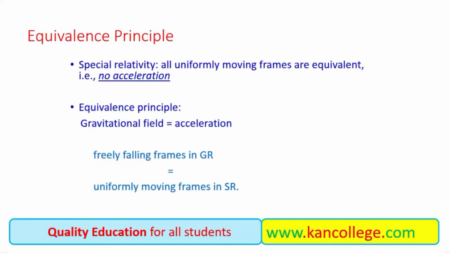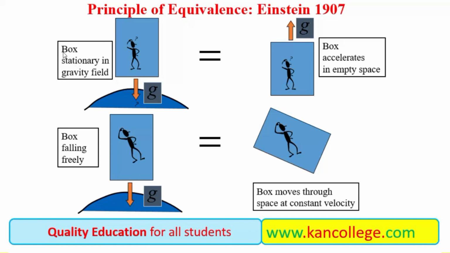The principle of equivalence is that a box stationary in a gravitational field, or a box falling freely, will have the acceleration due to gravity. Consider a box accelerating in empty space, in the absence of any gravitational pull by the earth. How does it accelerate? Actually, the box moves through space at constant velocity, so it has an acceleration of 0.